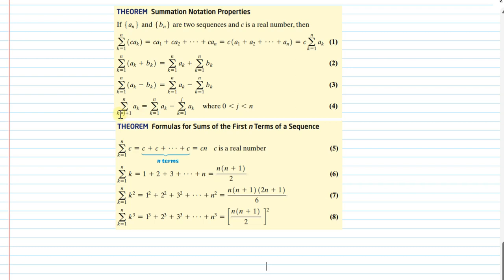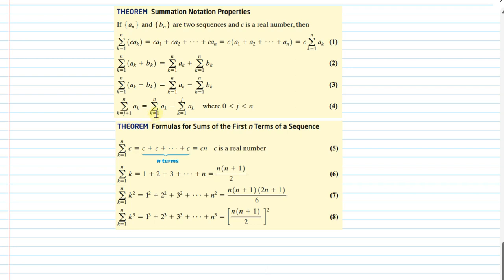Notice k, the lower limit starts with j plus 1 to n. This series is the same as the series that starts with k equal 1 all the way to the end, and then you subtract from it the sum from 1 up to j. Well, let's say, for example, I have a series that has 100 terms from 1 to 100, and I only want the last 10.